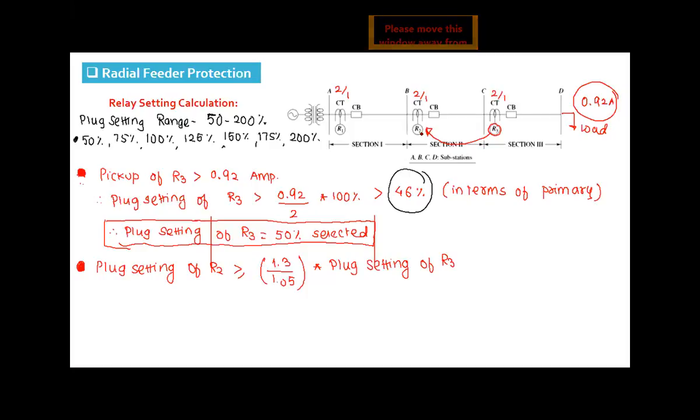Okay. So what we can write here? 1.3 by 1.05.